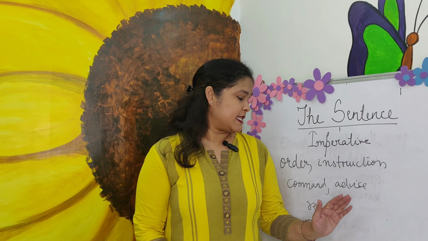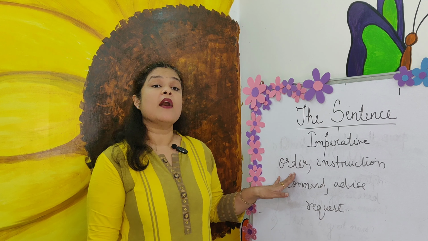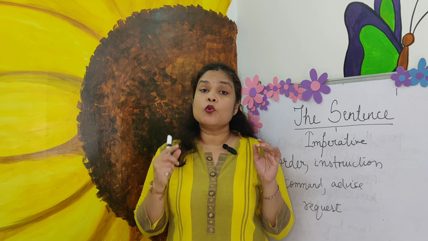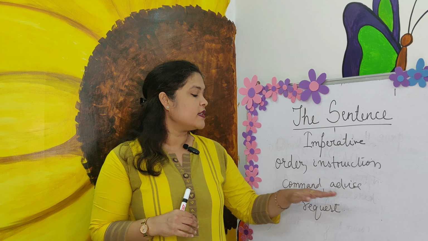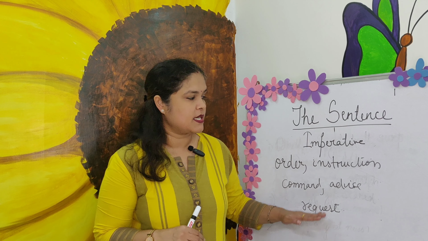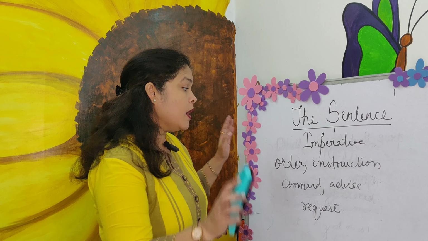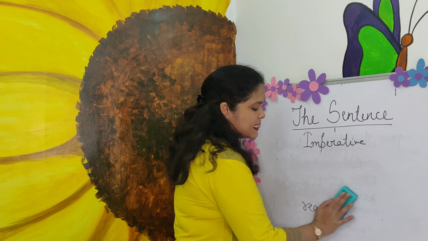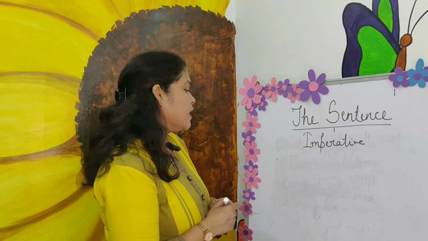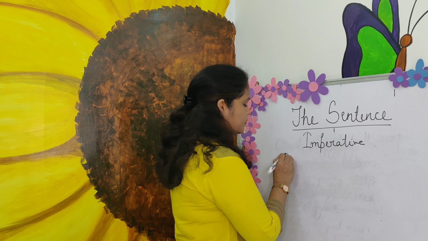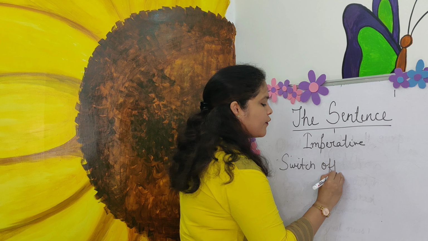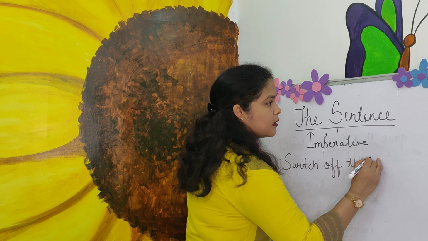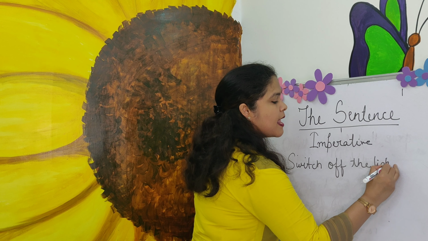Okay, so for imperative sentences, you have to first read the sentence. You need to know what it is trying to tell you, whether it's an order, an instruction, a command, an advice or a request. This will become clear to you if we work on it with examples. For example, the first one I tell you: switch off the light.